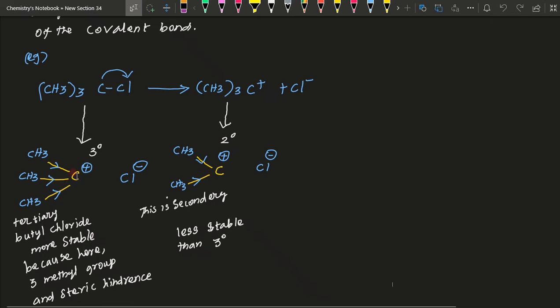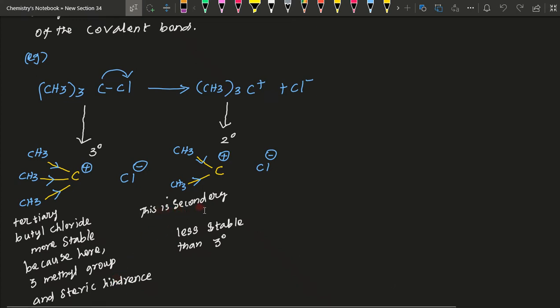See this is the tertiary methyl group, tertiary butyl chloride, the whole name is tertiary butyl chloride. So more stable because here 3 methyl groups and steric hindrance. Steric hindrance means more crowded or electron density, higher electron density.